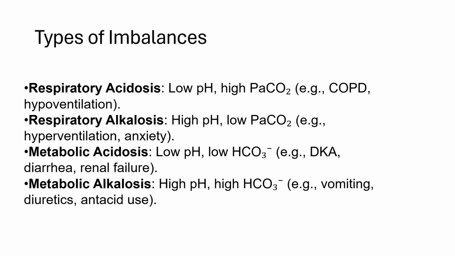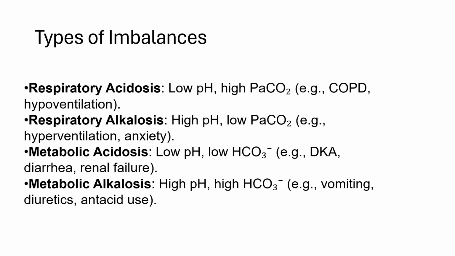All right, so these are just some types of imbalances. If we have a low pH and a high PaCO2, that's an arrow down and an arrow up. That tells me respiratory. So that is respiratory acidosis and is very common in COPD or hypoventilation.